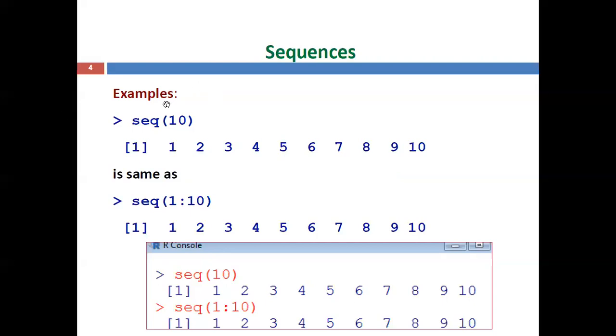Here another way is that you can directly give a constant value within the sequence function. Then by default it starts with 1 and generates the sequence up to that value. For example, here you can see sequence of 10. That means it starts with 1 and generates the sequence till 10.